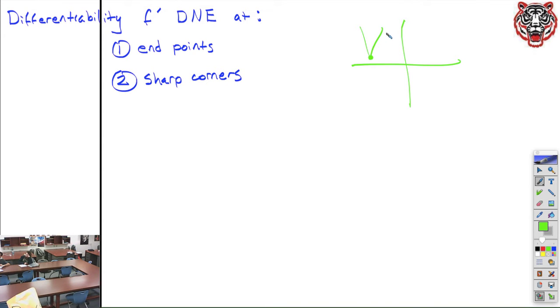The slope is 2, 2, 2, and then all of a sudden it magically changes and the slope is -2, -2, -2. If you have a magic change without a gradual change of slope, that's a sharp corner. You need in calculus a constantly smooth, curvy function to take the derivative at each point. If the slope on the left does not match the slope on the right, you have a sharp corner. You can't have the derivative.